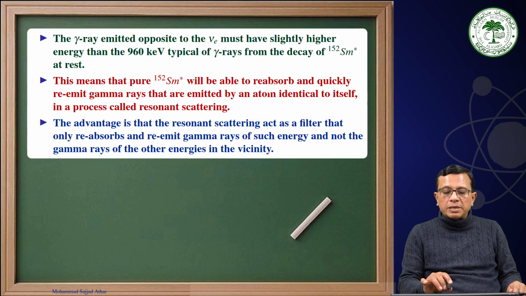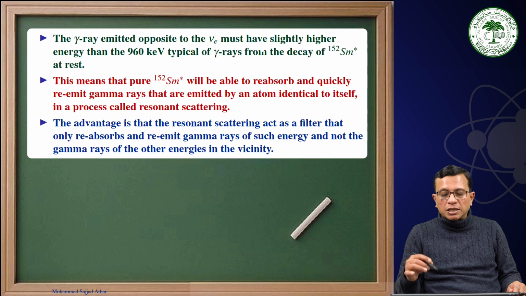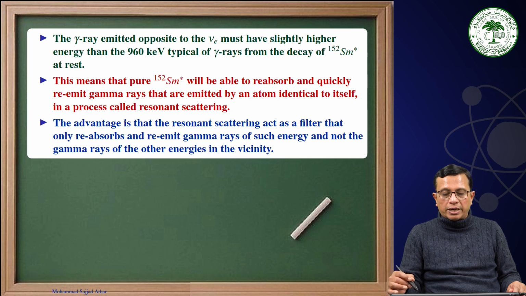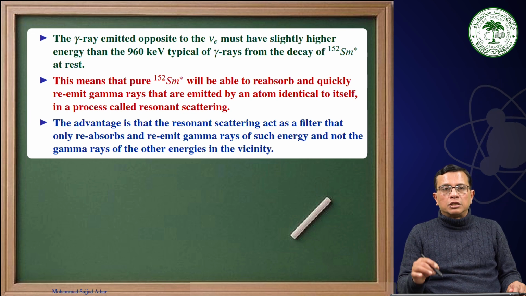The gamma rays emitted opposite to the neutrino, as we have discussed, must have slightly higher energy than the 960 keV typical of gamma rays from the decay of samarium star at rest. This means that samarium star will be able to reabsorb and quickly re-emit gamma rays.